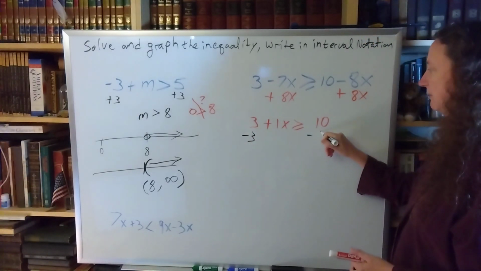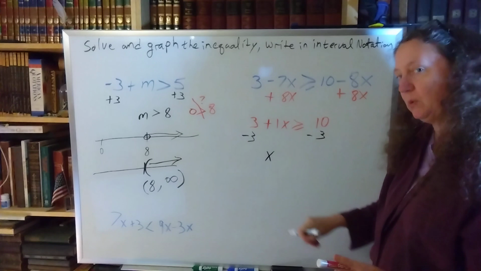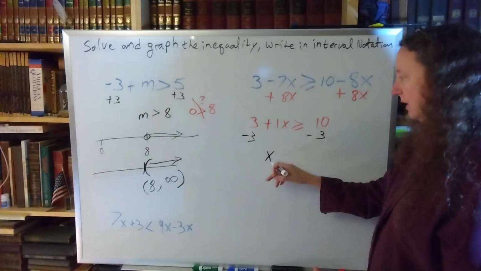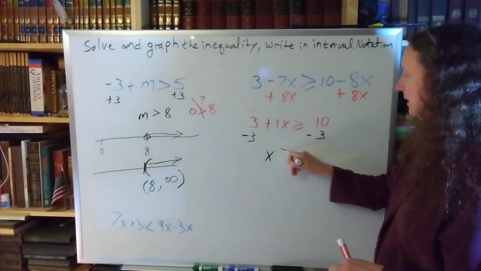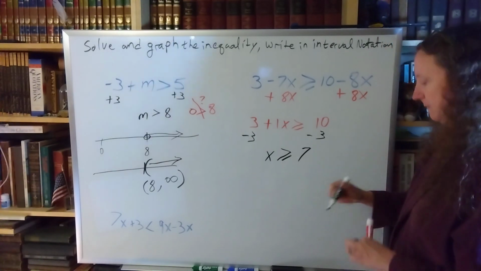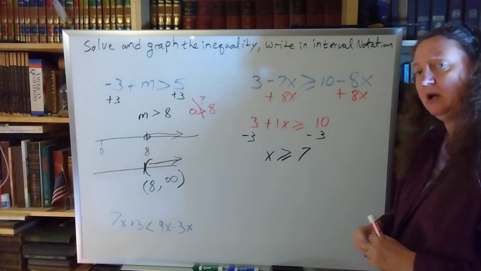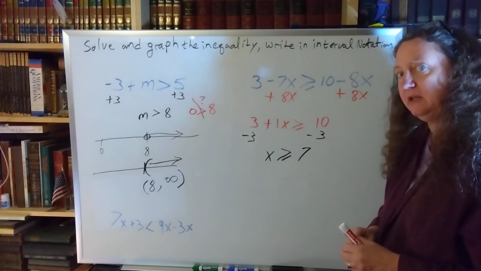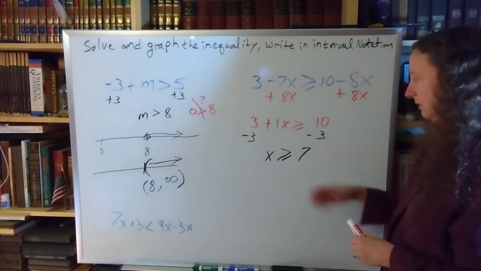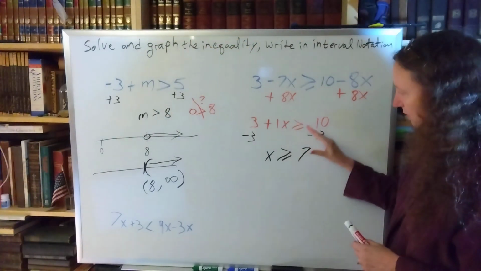You don't have to do this in separate steps. So now I have 1x. Remember, 1 times anything is itself, so I can write just x there. It's greater than or equal to 7, because I'm subtracting the 3. I am not multiplying or dividing by a negative number. So I do not have to change that sign. It can stay the greater than sign.